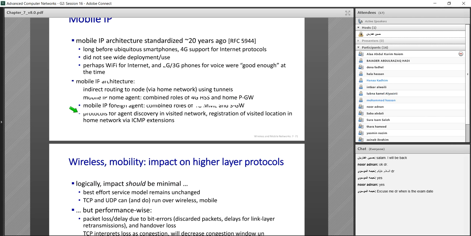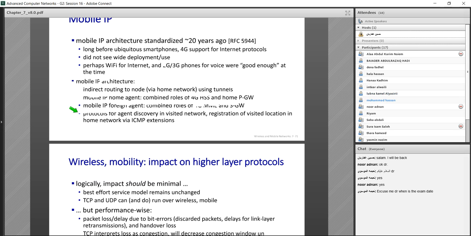And when we talk about moving from one network to another, reaching a new visited network, in the mobile IP architecture, firstly, the mobile node should register its location in the visited network.